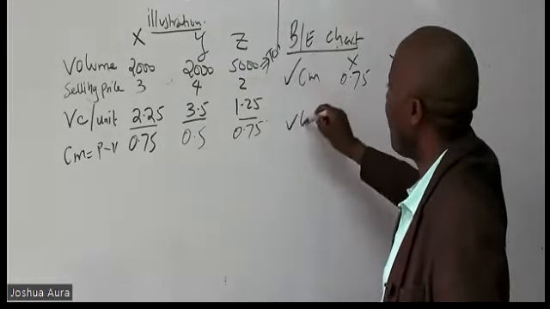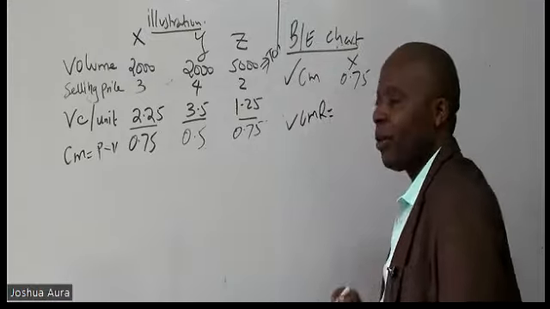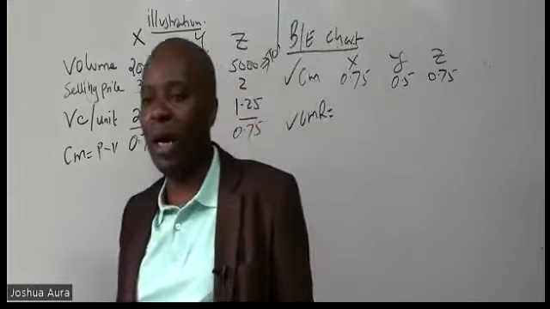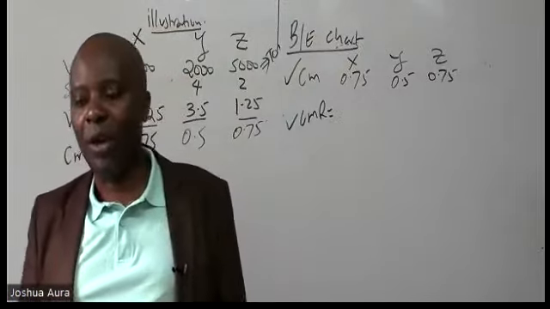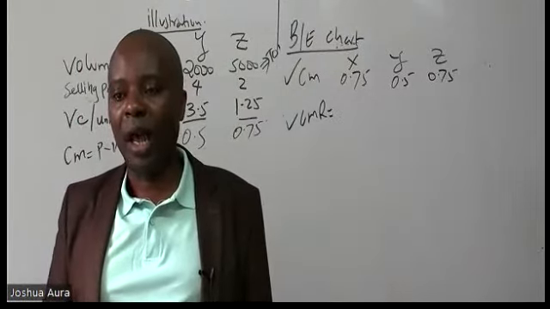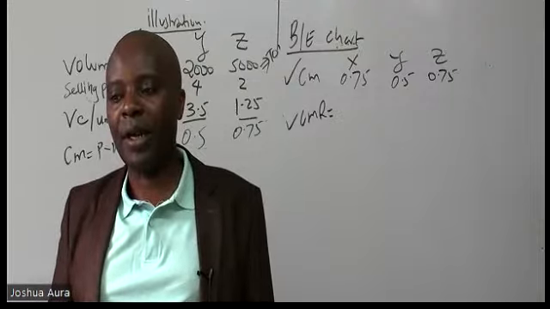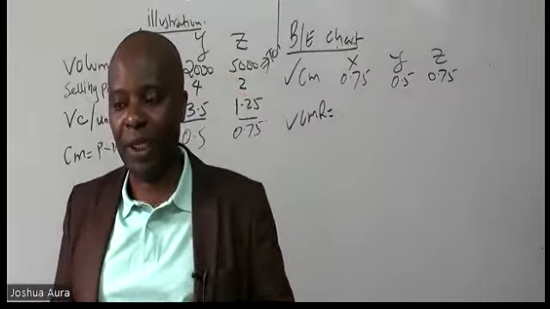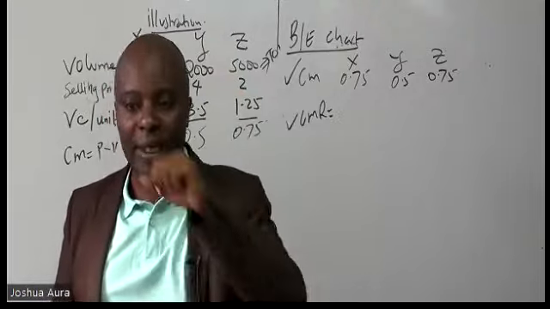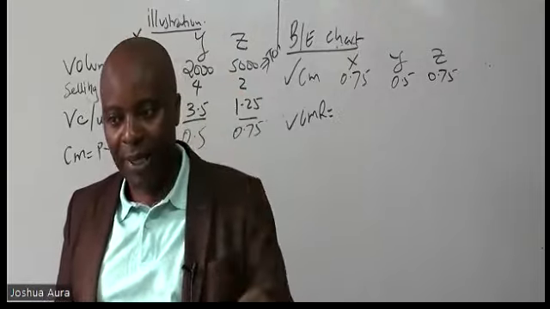Step number 2, give us CMR. Is there somebody who can remind us how we normally compute CMR? CMR is contribution margin ratio. It is something divided by something.